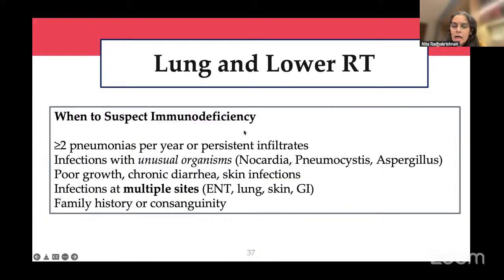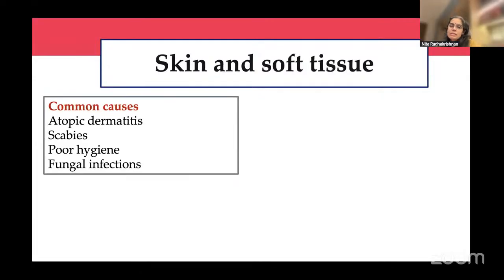And finally, unusual organisms. If you're able to culture something in the sputum, or if you have taken an aspirate where it is growing Nocardia or something like that, again evaluate. If BAL is growing Pneumocystis, that is a definite diagnosis of an immune deficiency.